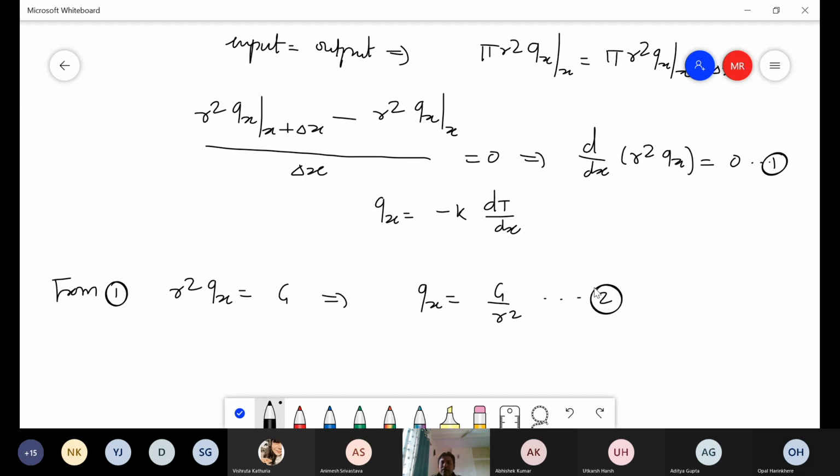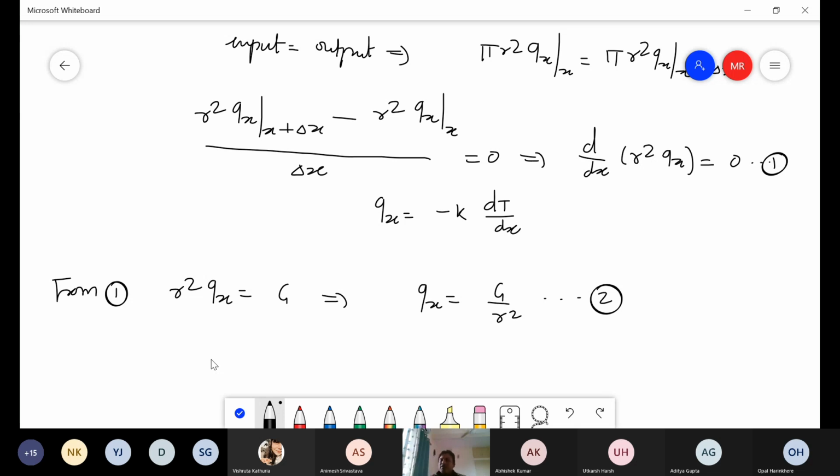Now here, remember this qx we can put as minus k dT by dx, isn't it? So then again we have to find out how the T is varying along the x, but on the right hand side we have an r term, and clearly r is related with the x.